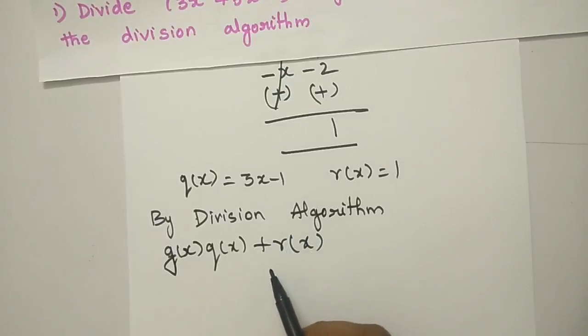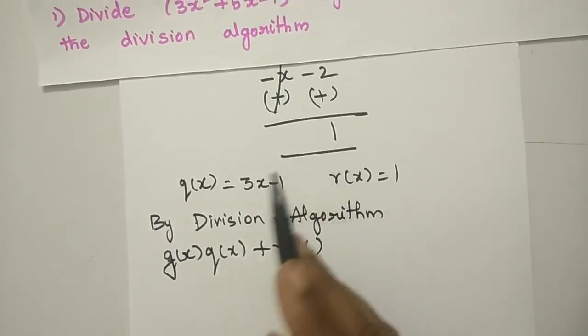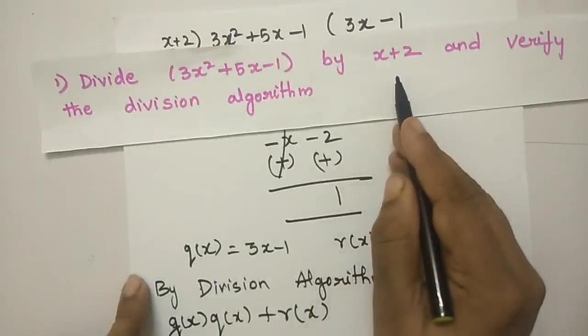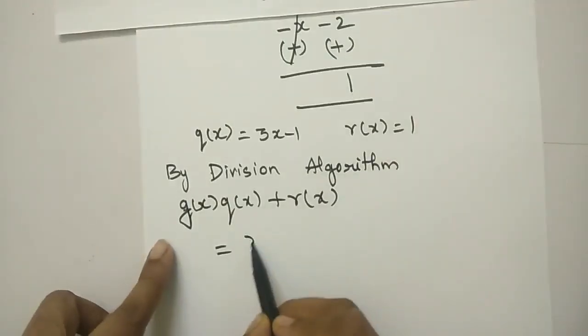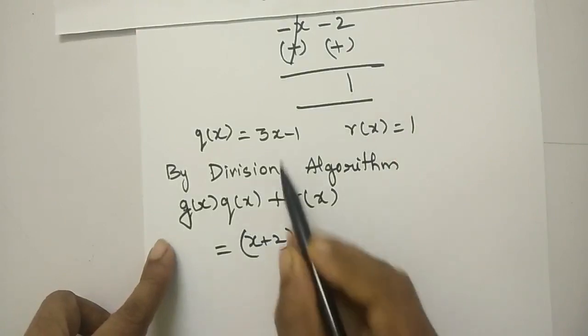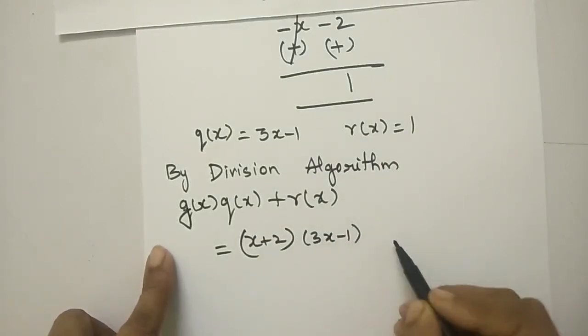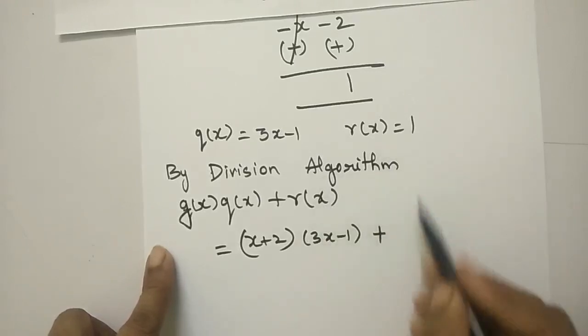This should be equal to the polynomial which they have given, is it not? Here g of x is x plus 2. So write down here x plus 2 into q of x we got as 3x minus 1. Write down here 3x minus 1 plus r of x is 1.